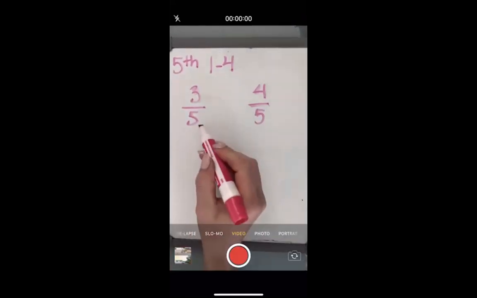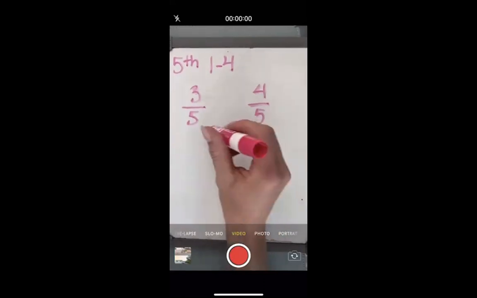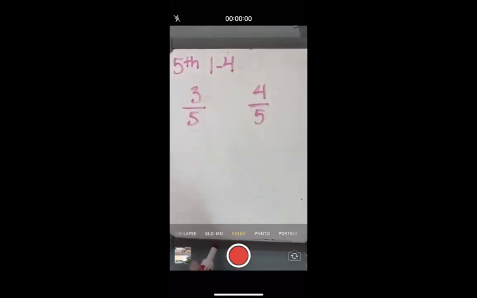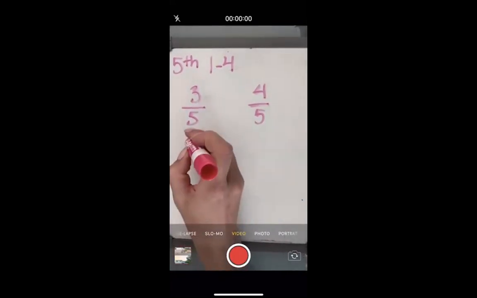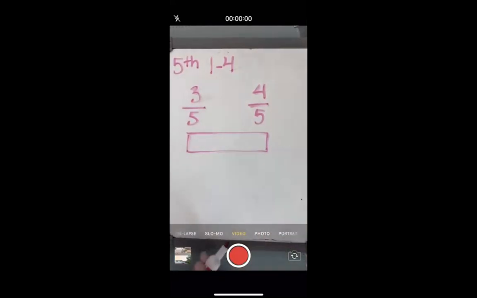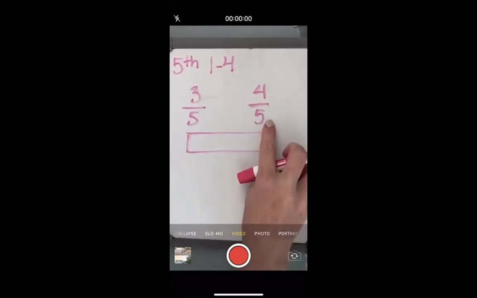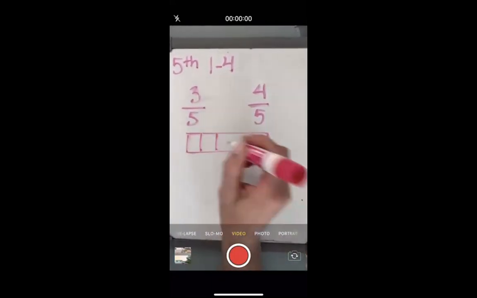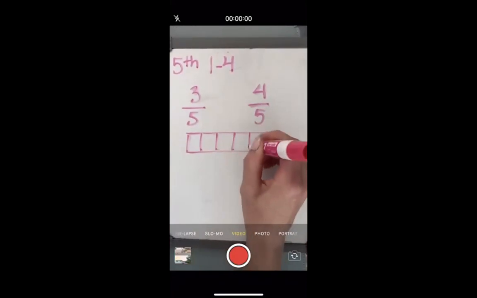When the numerators are different, but the denominators are the same, it's pretty straightforward. I can always draw my diagram here if I want to see it visually. So again, if I'm splitting it into fifths, I need 4 lines. You always need 1 less line. 1, 2, 3, 4.